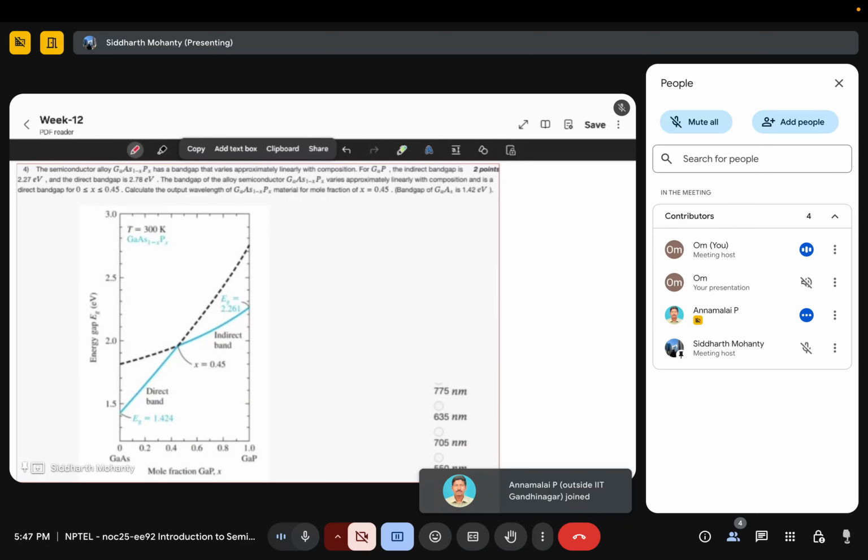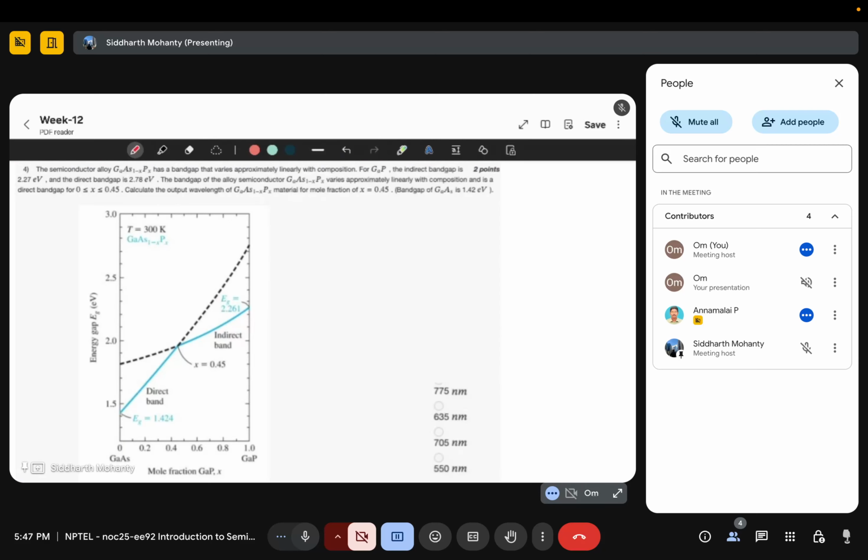The band gap of the alloy varies approximately linearly with composition and is a direct band gap for x between 0 and 0.45. Calculate the output wavelength of GaAs 1 minus x P x material for mole fraction of 0.45.